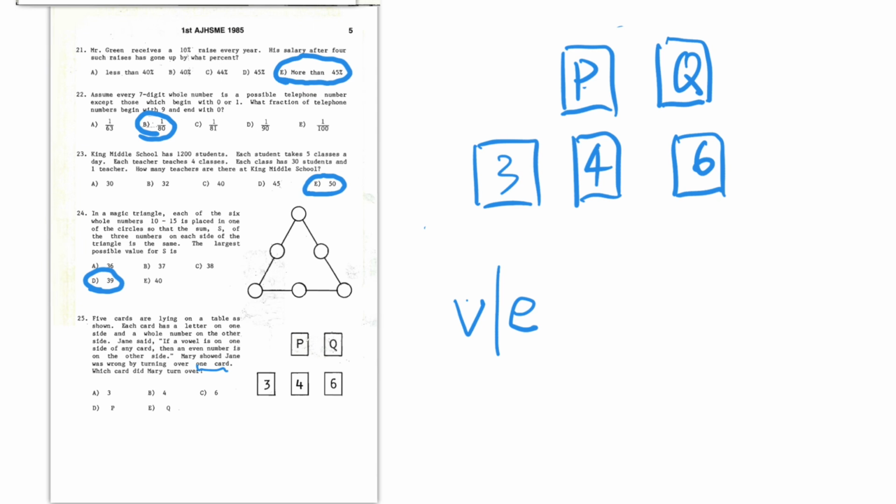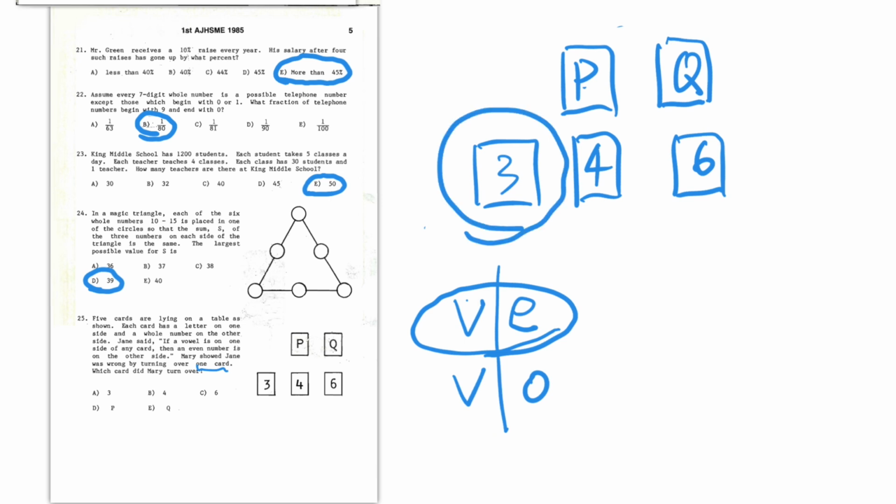If the other side is a vowel, that means Jane was wrong, because Jane said if one side is a vowel, the other side must be an even number. But if one side is a vowel and the other side is odd, Jane was wrong. So the only card we can turn over is the 3. So the answer is A.